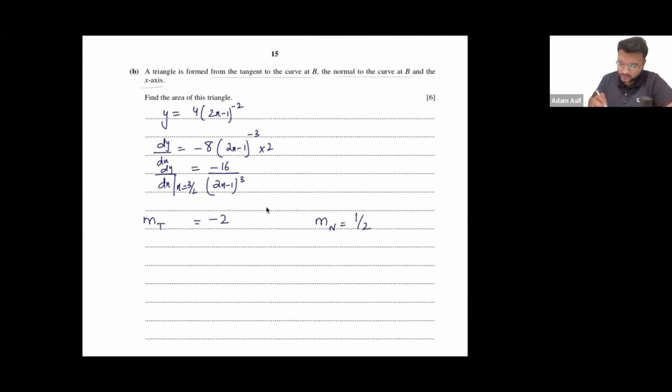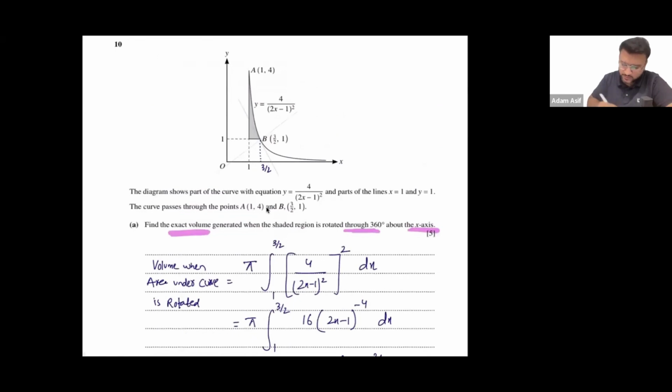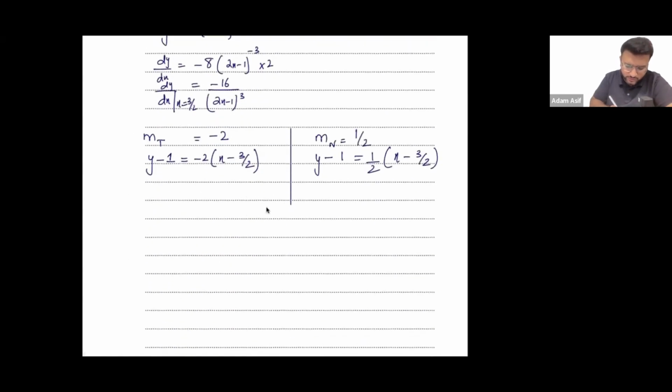Okay. The equation of the normal would be y minus y1, which is the y coordinate of point B, equals m times x minus x1. This is going to be y minus 1 equals half times x minus x1. Now we need to find the points on the x-axis where y is 0. So just substitute y as 0 and solve this equation.